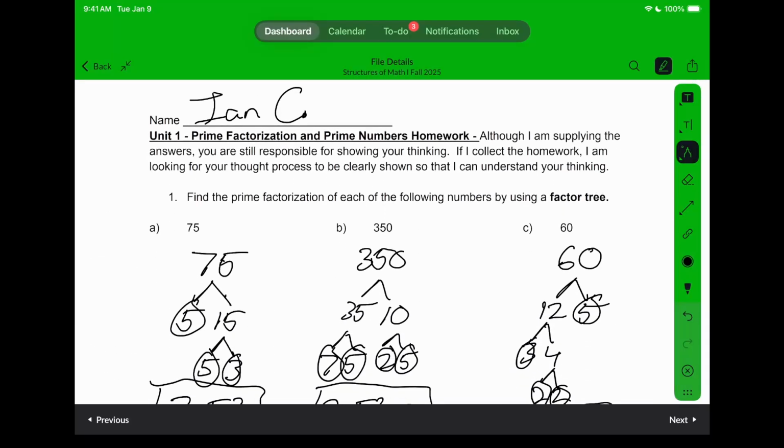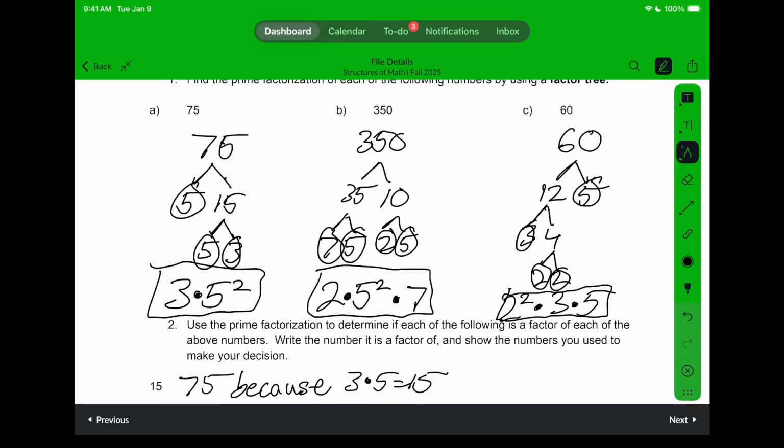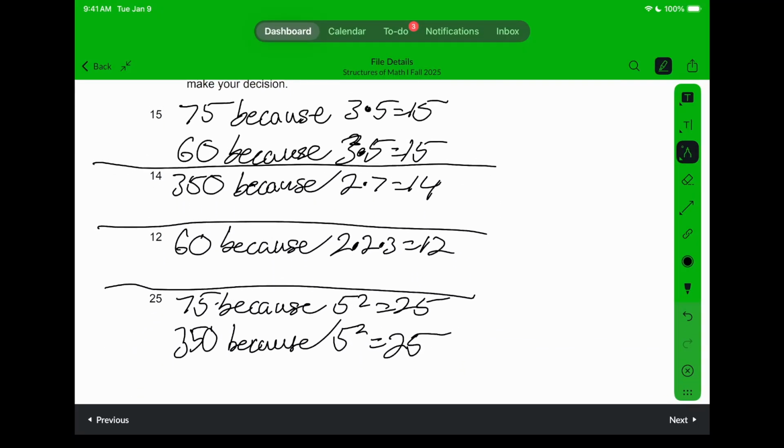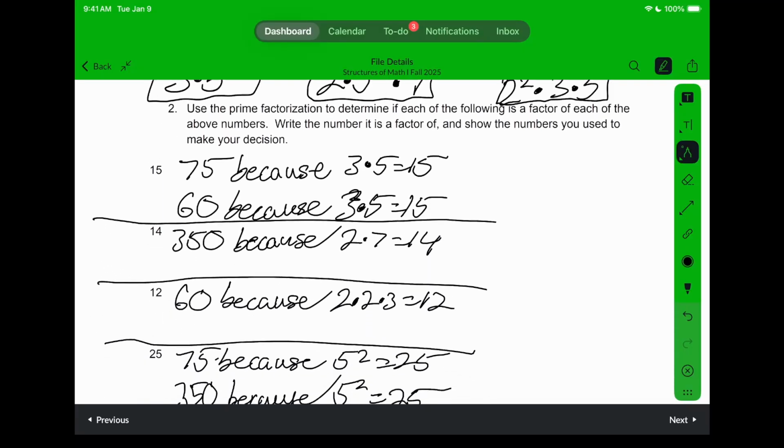So just a recap for prime factorization and prime numbers. We reviewed how to do factor trees and getting our prime factors from larger numbers through our factor trees. We were then able to use prime factorization to determine if each of these numbers were factors of these larger numbers based on their prime factors.